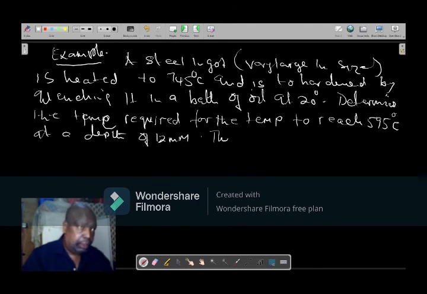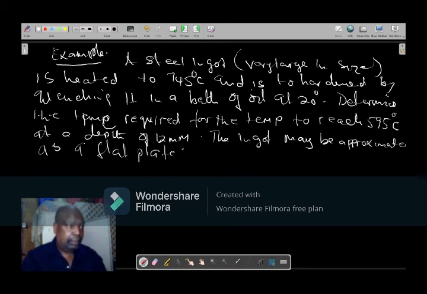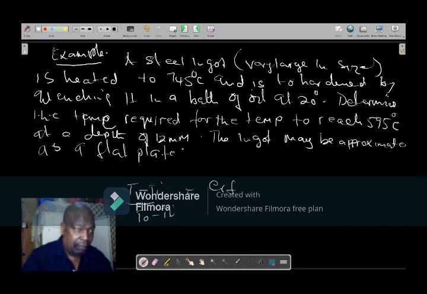So the ingot may be approximated as a flat plate. So from our equation, (T minus Ti) over (T0 minus Ti) equals the error function of x over 2 square root of alpha t, which equals the error function of z.